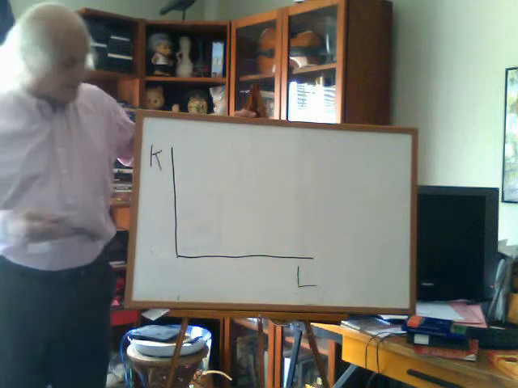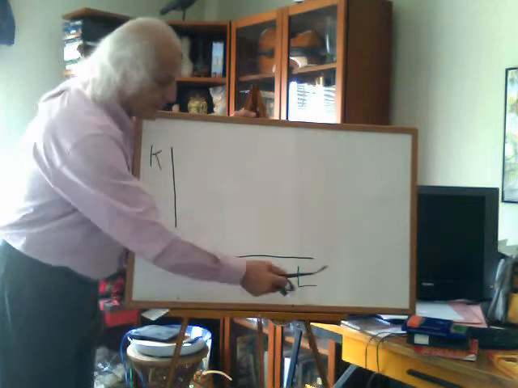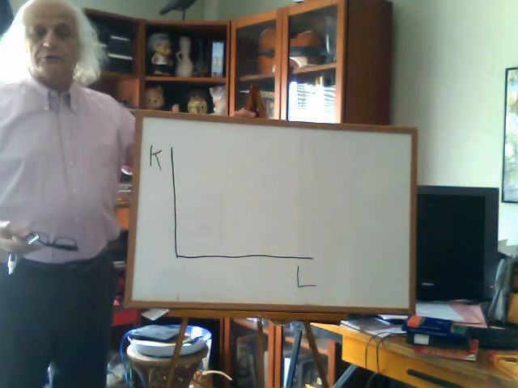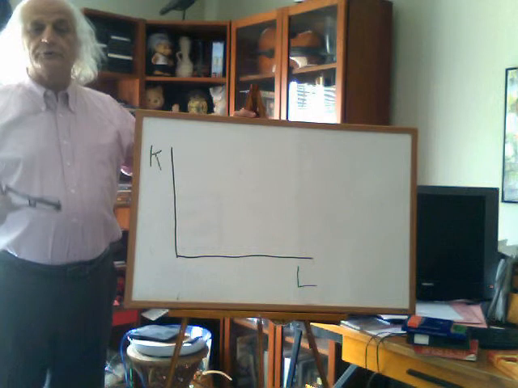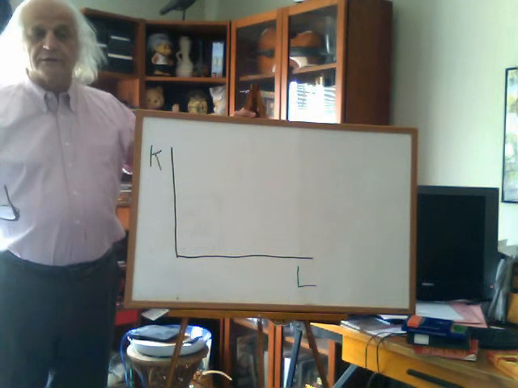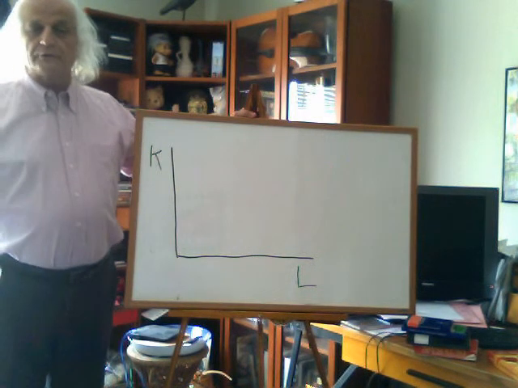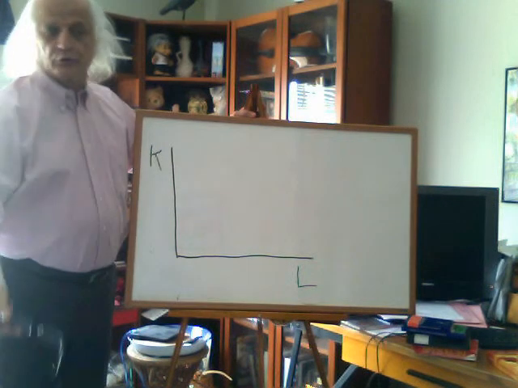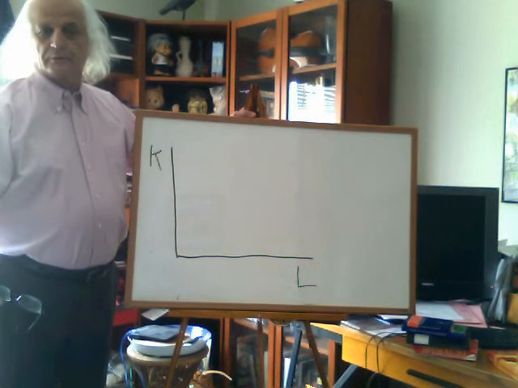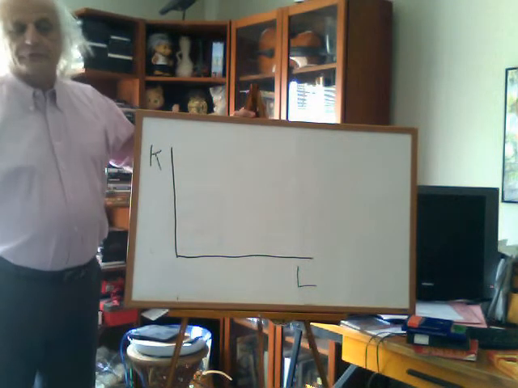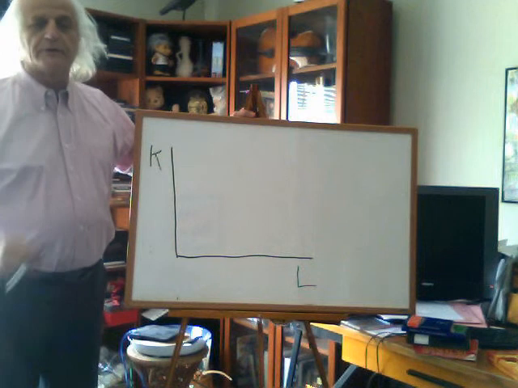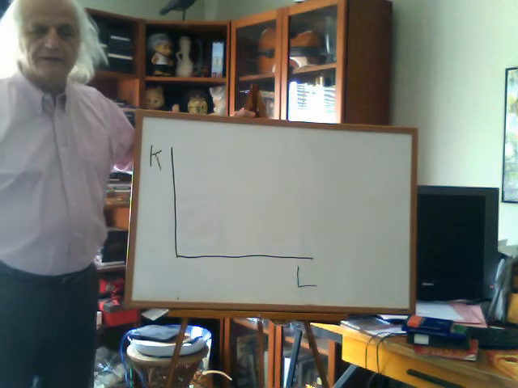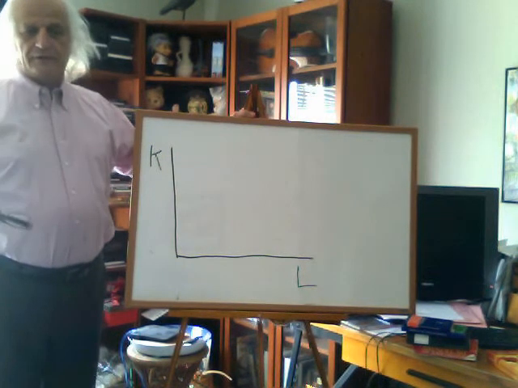One of the things that we're going to add is that right now we're going to be talking about two inputs. The model used to be only two countries, one input, and two goods. Right now we're going to have two inputs, two countries, and two goods. Then you assume definitely perfect competition, no barriers, no externalities, and what have you.